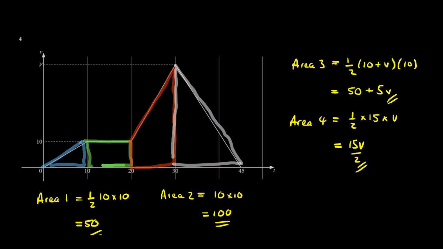Okay, so I'll just do this up here, I think. So the gradient of that line is going to be y2 minus y1. So the y2 is 0, the y1 is v, we know is 48. We get 0 minus 48 over x2 minus x1. So our x2 is going to be 45, and our x1 is going to be 30.